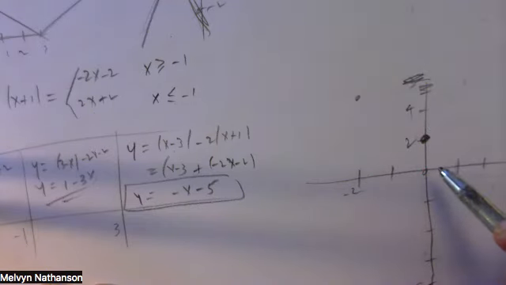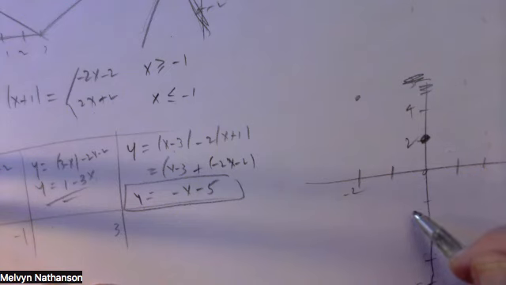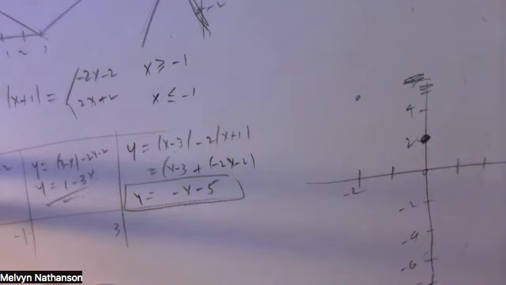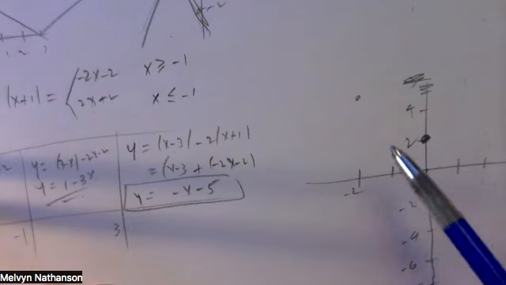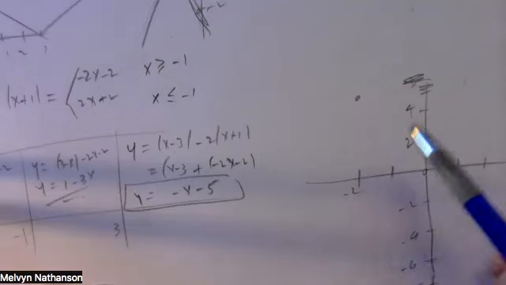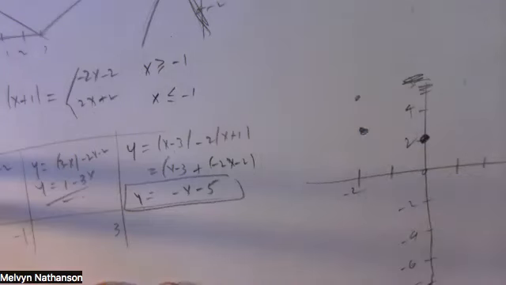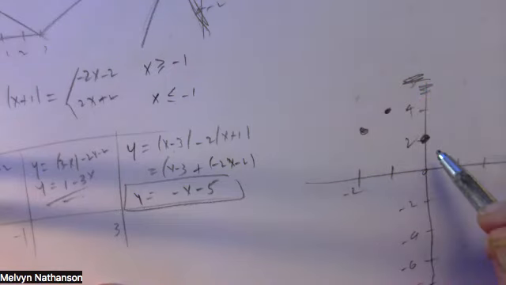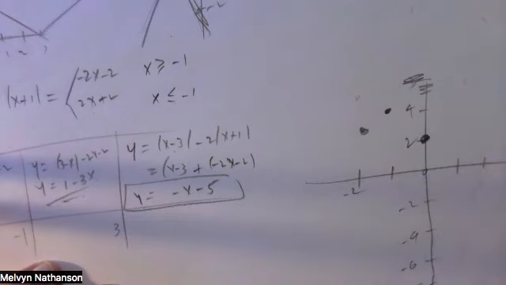At -1, the value of the function is 4. And at 0, the value of the function is 1.